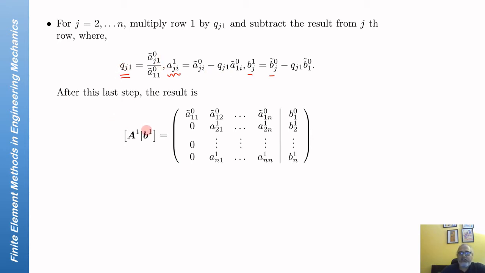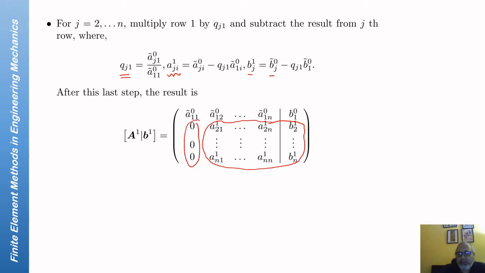The result of this operation after permutation and a sequence of elimination is A1 B1, that's after the first elimination, and that has zeros everywhere here, and new values in this part of the submatrix. These values remain unchanged because now u1 has been eliminated.